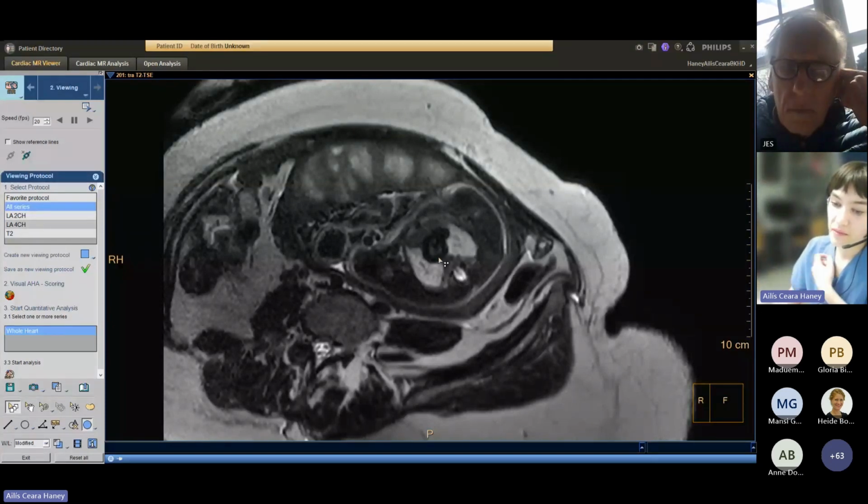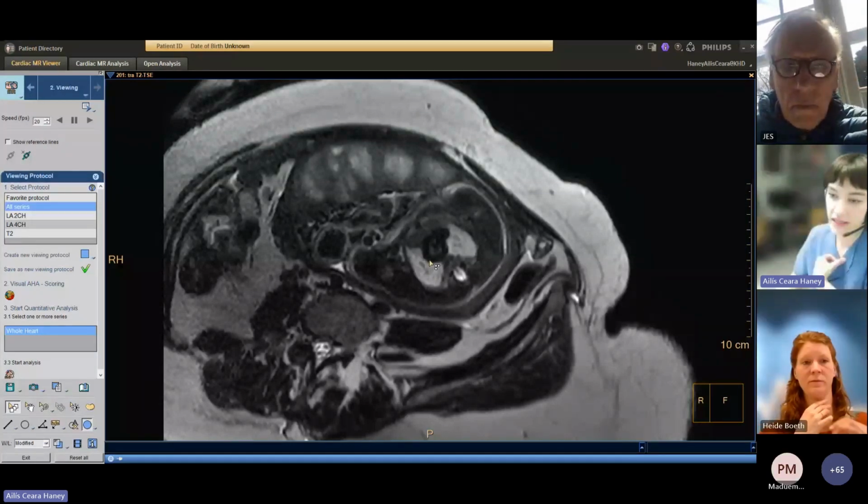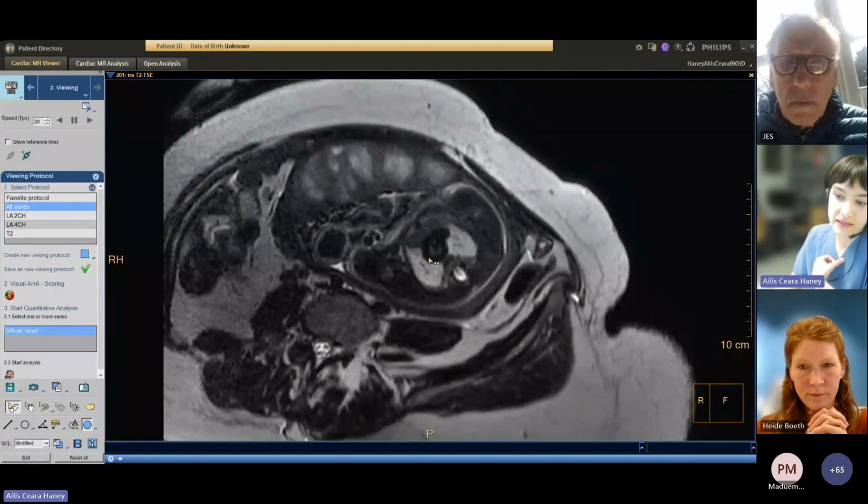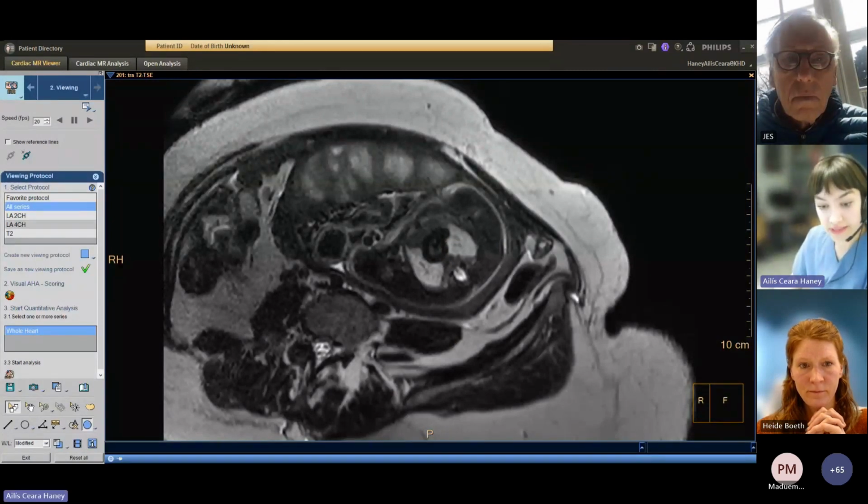And this was the image where Alexander said, this is the image that answers the question for us. This is the typical image that you would also see on fetal echocardiography, a kind of U shape of the pulmonary artery, the ductus, and the aortic arch with the superior vena cava up here. So right-sided aortic arch.